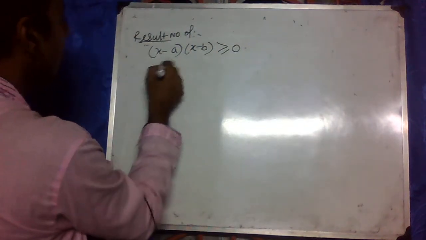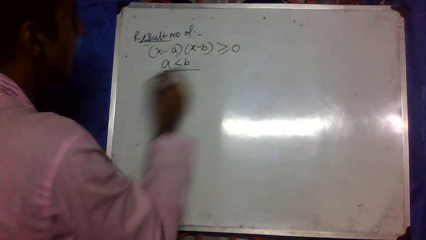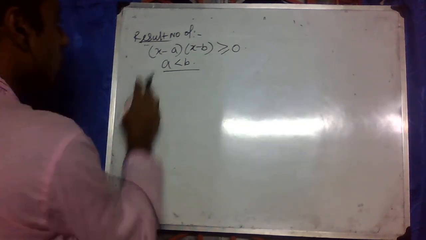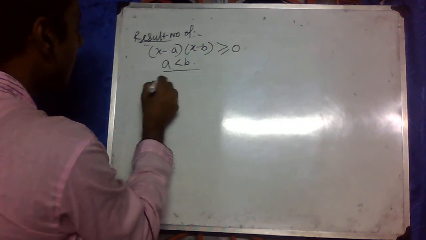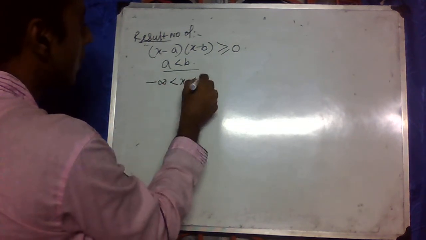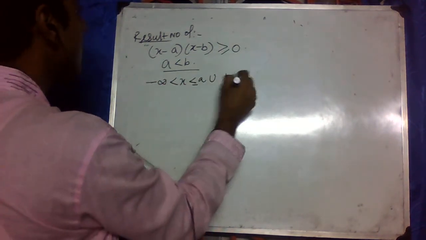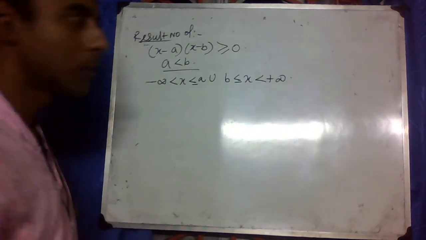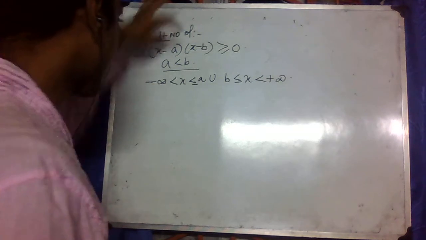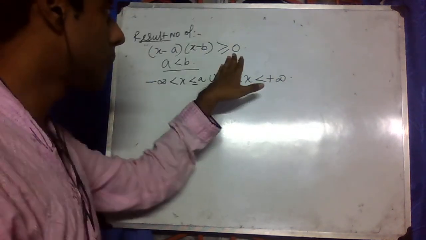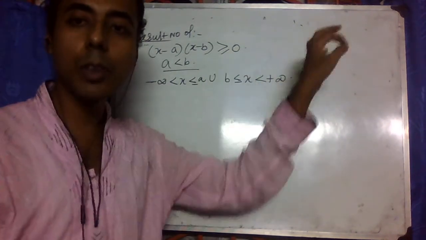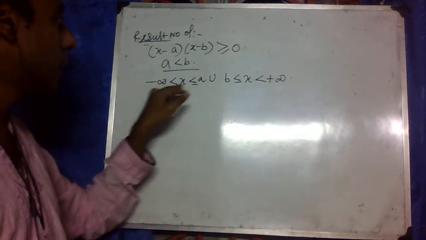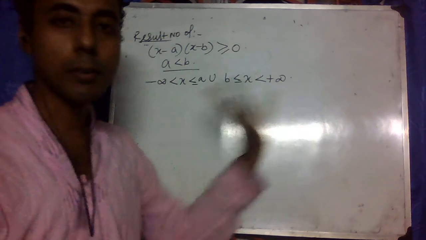So in that also a is less than b. Then this implies x is from minus infinity to a, or b to plus infinity. So if this product term is greater than or equal to 0, then this can be written as x less than or equal to a, or x greater than or equal to b.